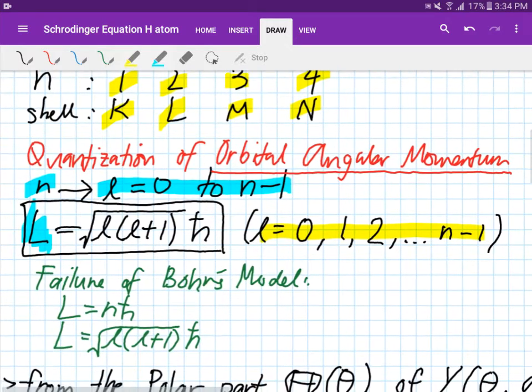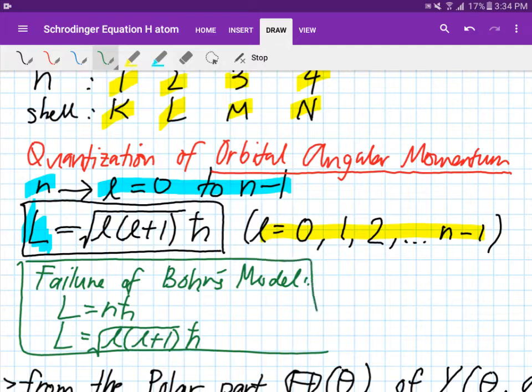If we recall previously, Bohr's model wasn't able to predict the angular momentum properly for the ground state of the hydrogen atom. For the ground state, we have n equals 1.